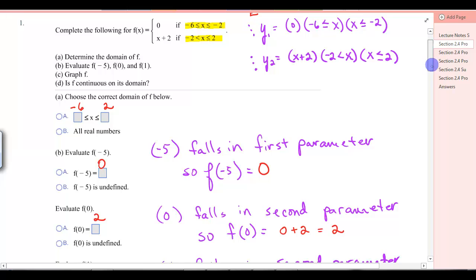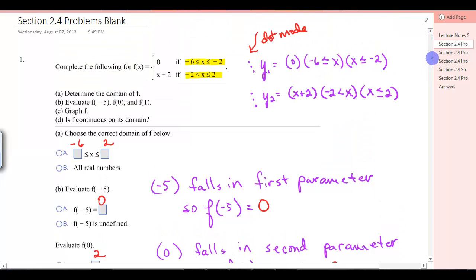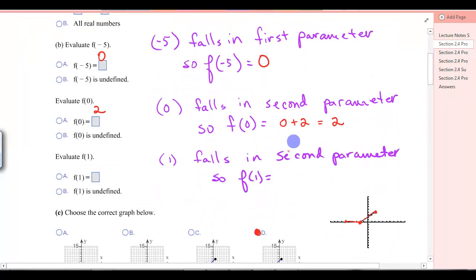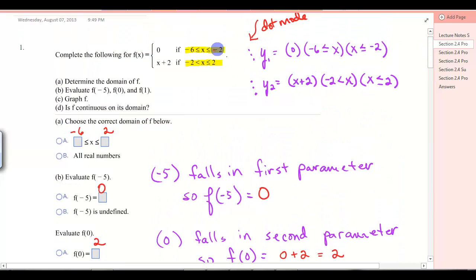We're also asked to do f of 1. Looking here, where does 1 fall? It also falls here. So we're going to plug into the x plus 2. So we have 1 plus 2, which equals 3. So you want to look at the parameter, find which place that number falls, and then plug it in, if there's an x to plug in, right there.